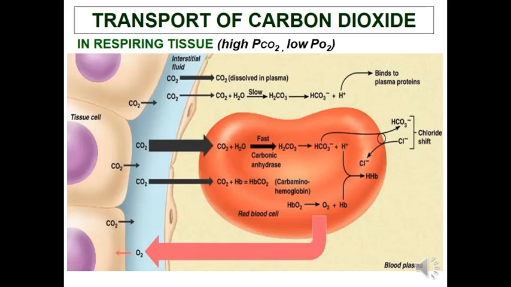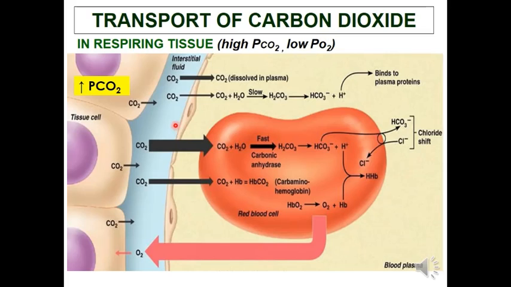Respiring tissues have a high partial pressure of carbon dioxide and a low partial pressure of oxygen. This is because cellular respiration produces carbon dioxide as a byproduct and uses oxygen to generate ATP. There are three ways of transporting carbon dioxide.